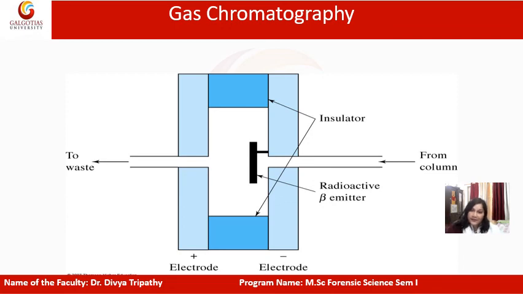This electronegative molecule will capture the electron generated from this beta emitter plate, and it will result in the decrease of the electric current. The decrease of the electric current will signify the presence of electronegative molecules in the sample, and the extent of the decrease will also help in the quantification of the molecules.